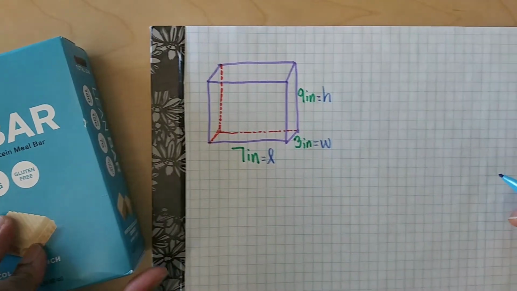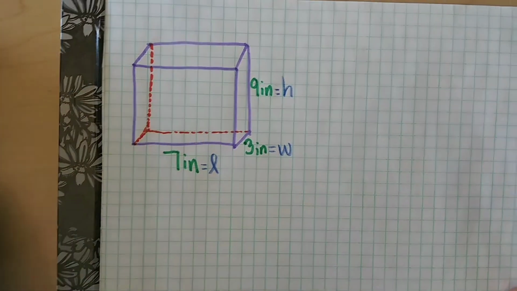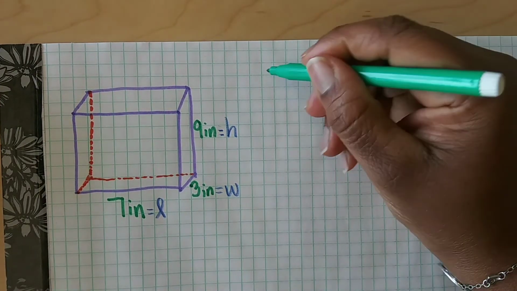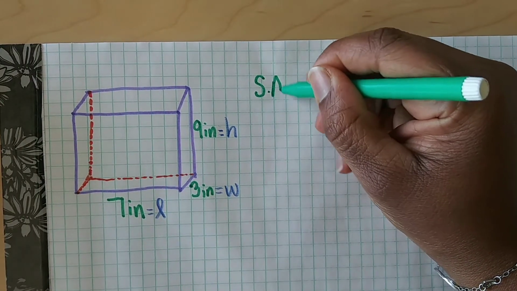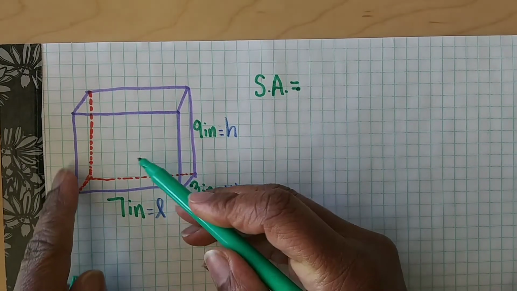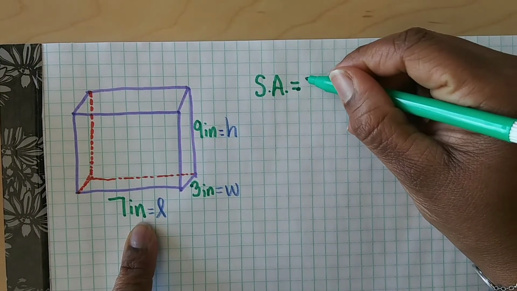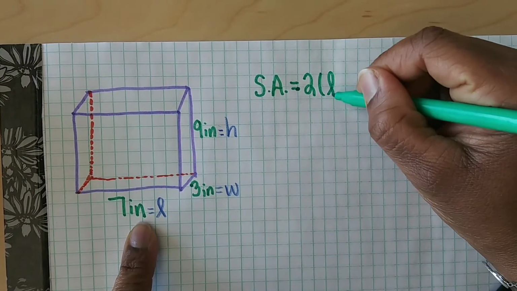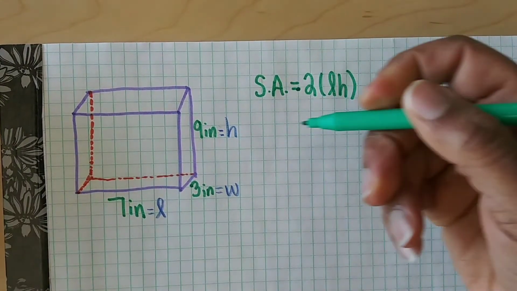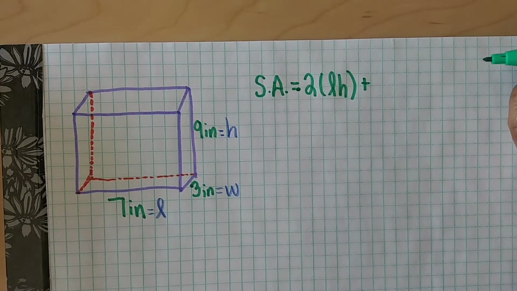So now that I have that identified, I want to make sure that I understand the formula that's needed. Surface area is when I take this front face, which is my length times my height, and multiply that by 2, because the front face and the back face, or the front of the box and the back of the box, have the same area.